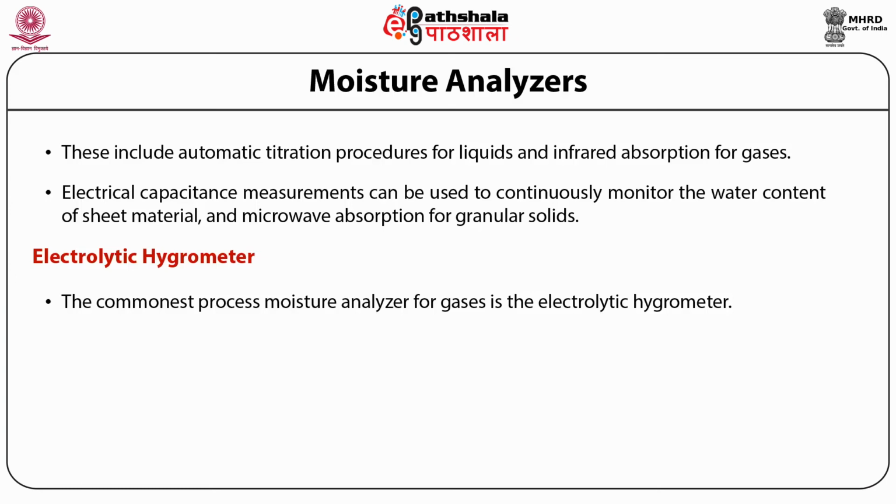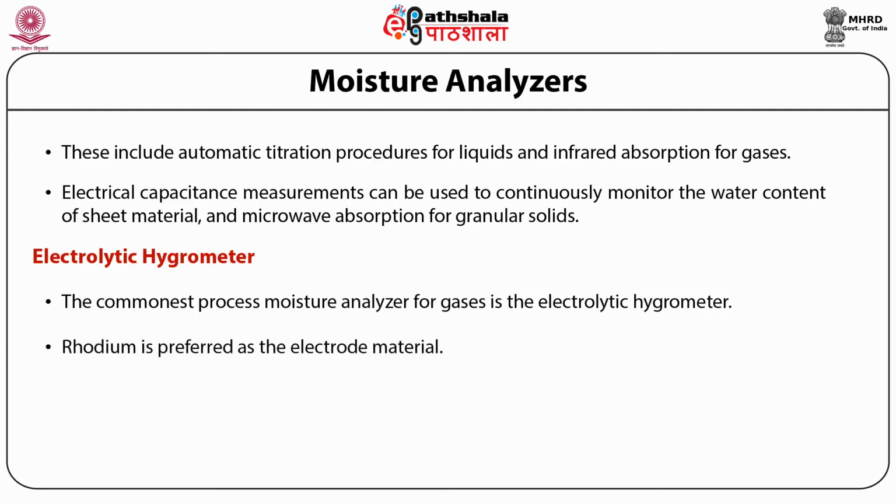Even though the response of the electrolytic hygrometer depends on the electrolysis of absorbed moisture, approximately 90% of the final response is reached in 1 minute with a sample flow rate of 100 ml per minute, provided that the change in moisture content is not too large.